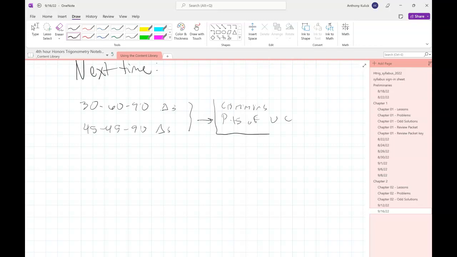Those are going to build out some common points on our unit circle that we'll use over and over and over again. We'll do that together in class next time.